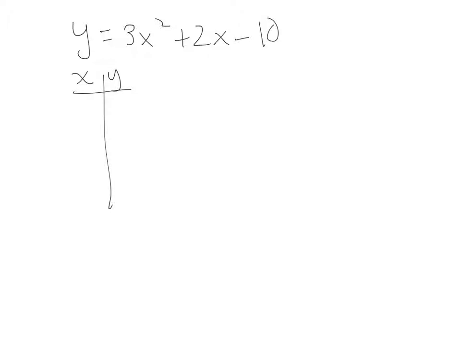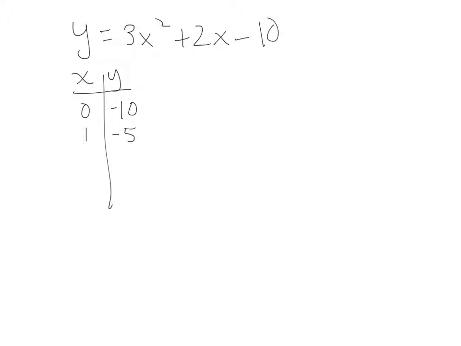For example, if we pick x is 0 to start with, the easiest one, then y is negative 10. You could pick x is, let's say, 1. That's going to be 3 times 1 squared, which is 3, plus 2 times 1, which is 2, so 5 minus 10, so it's negative 5.